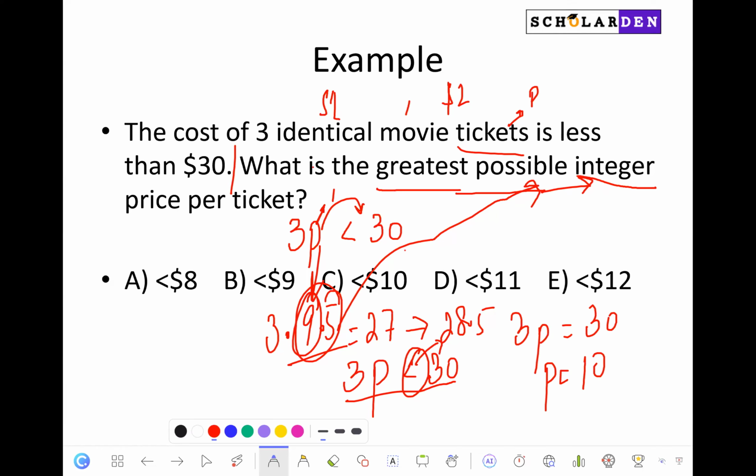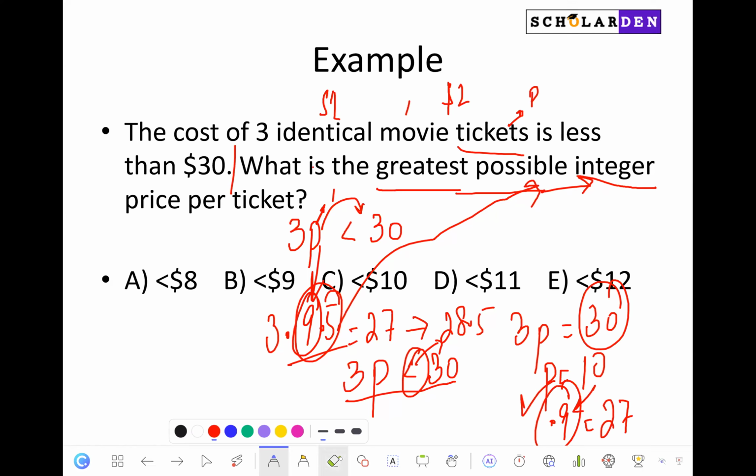But what we want is our movie tickets to cost less than 30. So what is the closest integer less than 10? That is 9. Assigning the value of 9 to P gives the next closest value to 30, and that is what makes 9 your valid option.